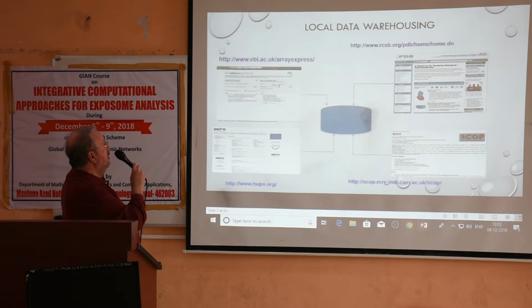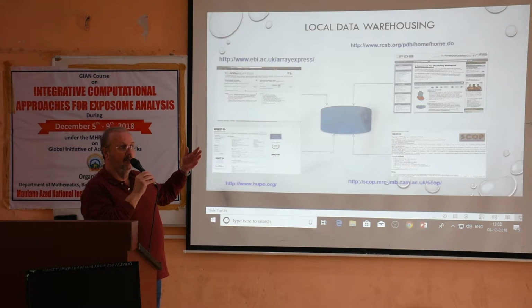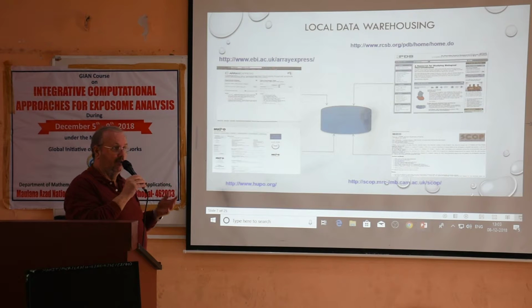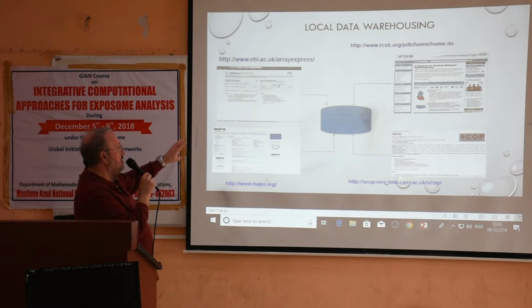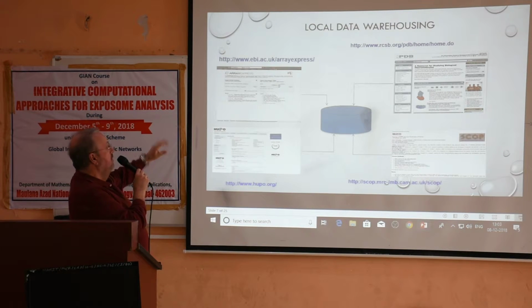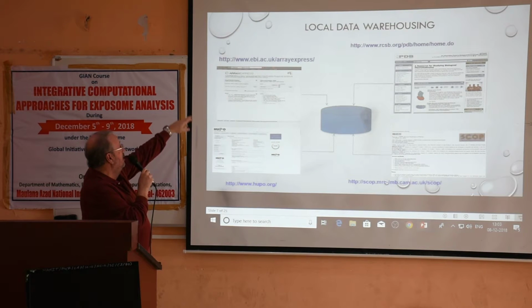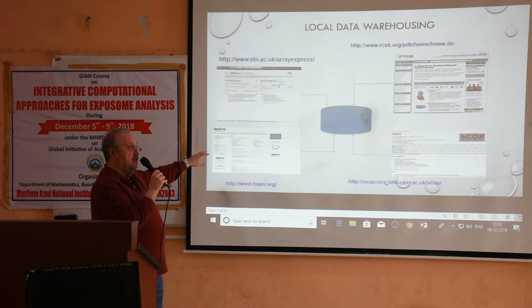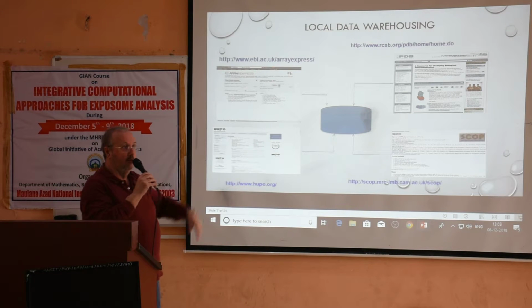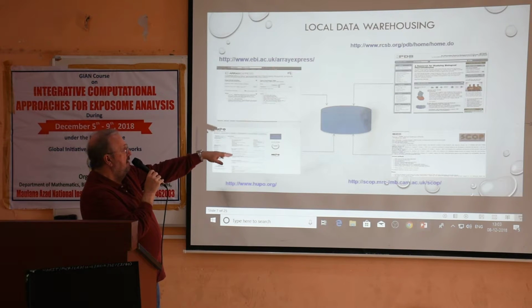Okay, you can see the local data warehouse that we used for the European project. The philosophy can be modified according to your project, but in general these are the basic sources of information, which include ArrayExpress for functional genomics, HUPO human proteomics with gel electrophoresis, SDS-PAGE, and the PDB for structures, and SCOP.